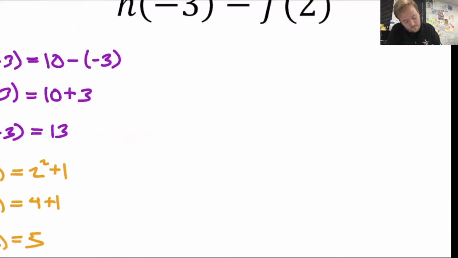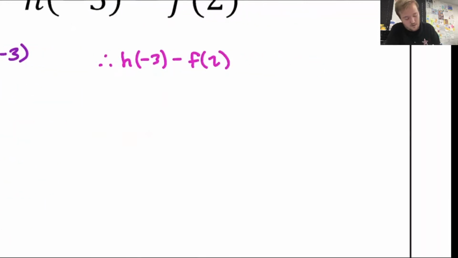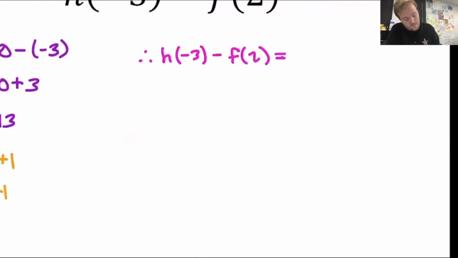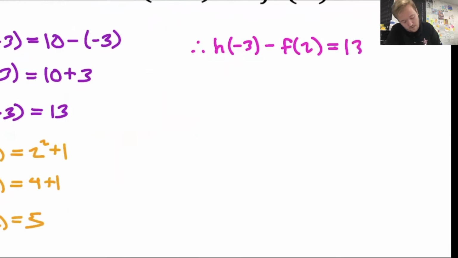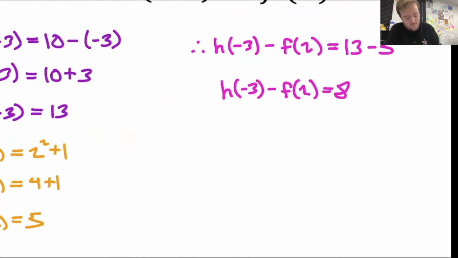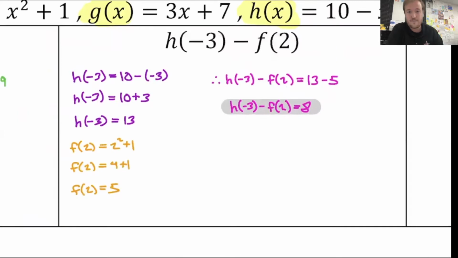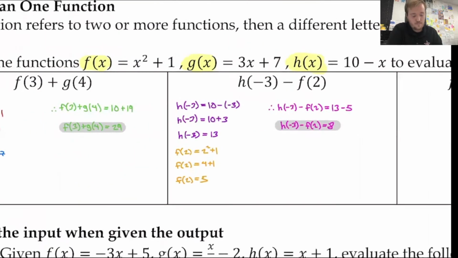So therefore, h of negative 3 minus f of 2 is going to be equal to 13 minus 5. So h of negative 3 minus f of 2 is equal to 8. That is a weird 8, but it's okay. It has a great personality. Okay.